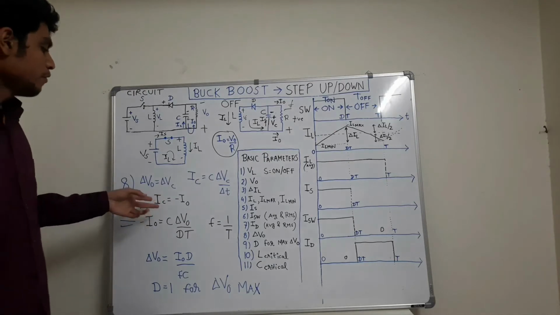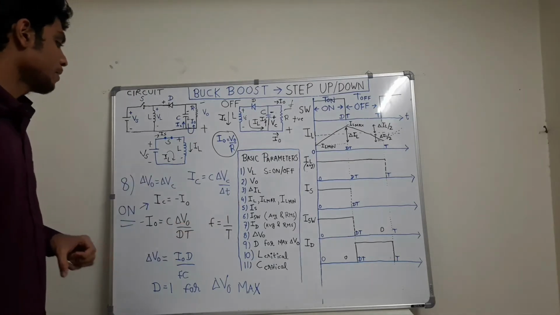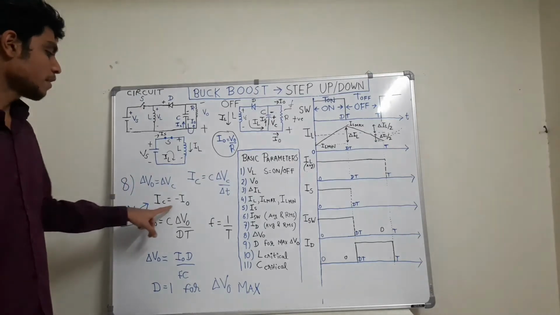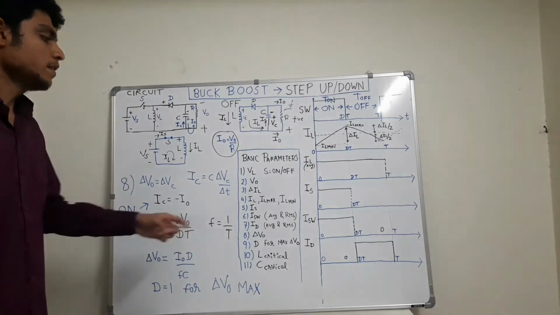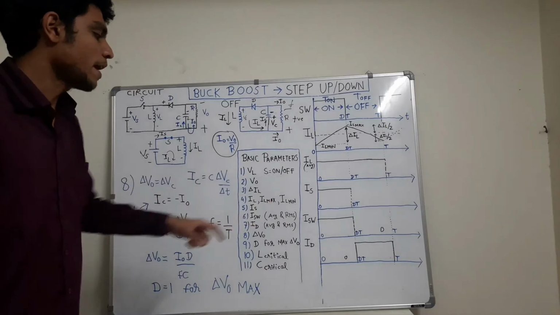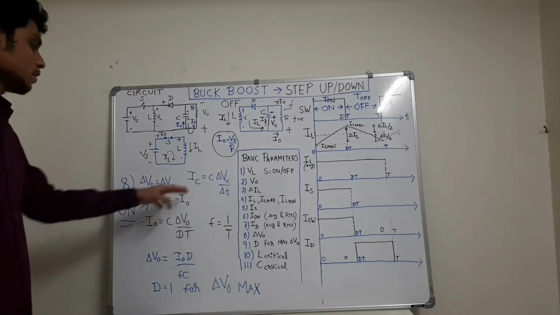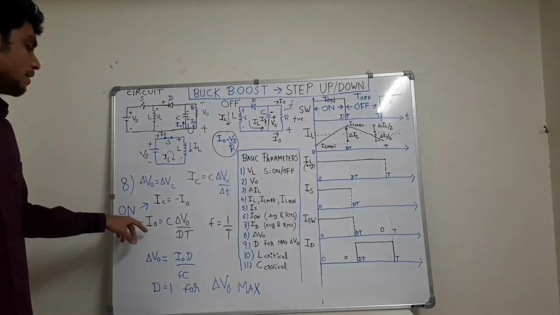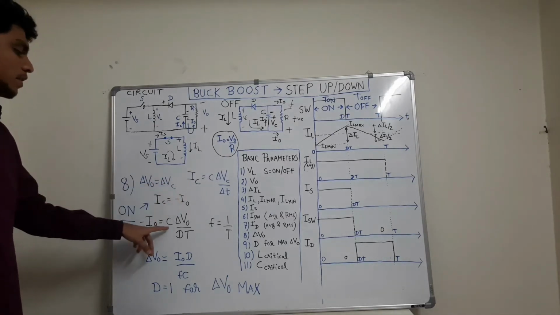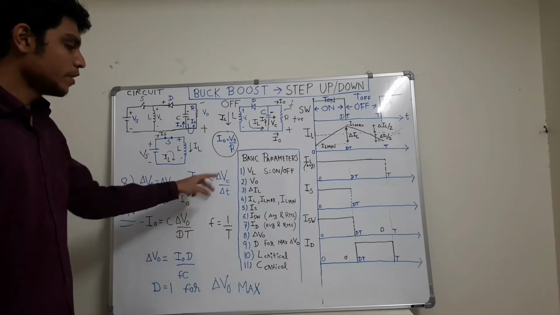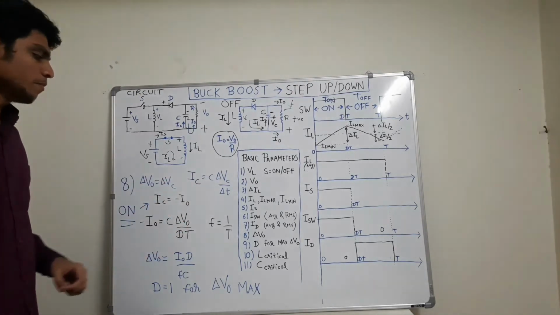We also found out the value of capacitor current for on time, which is equal to minus I naught, in the derivation of IL, IL max and IL min. So now we can substitute in this equation the IC value, that is minus I naught is equal to C into del V naught, because del V naught and del Vc are equal, divided by dT.